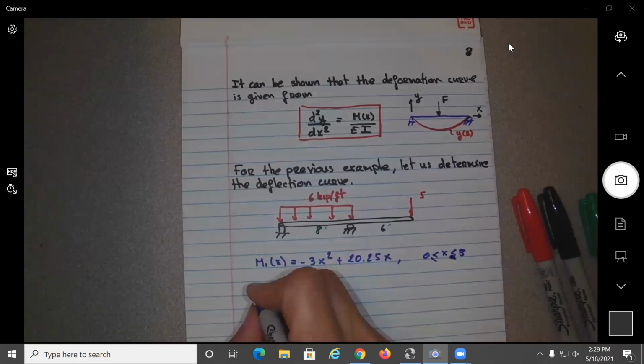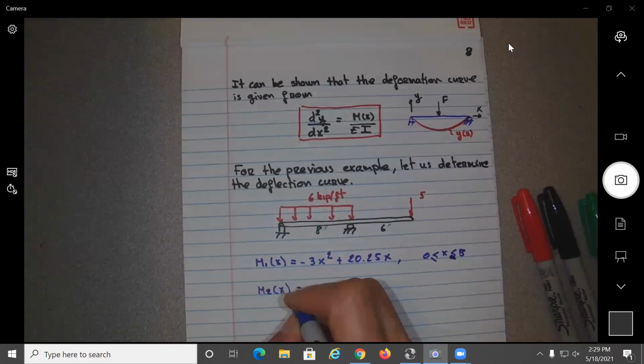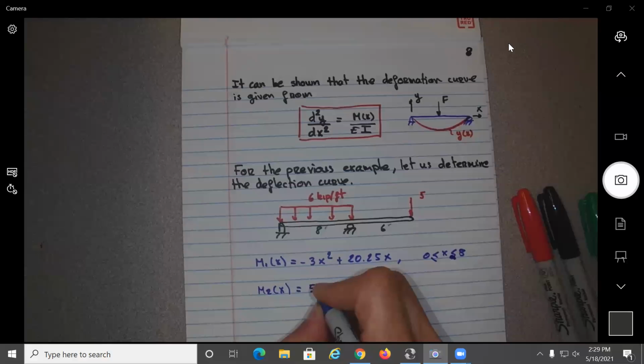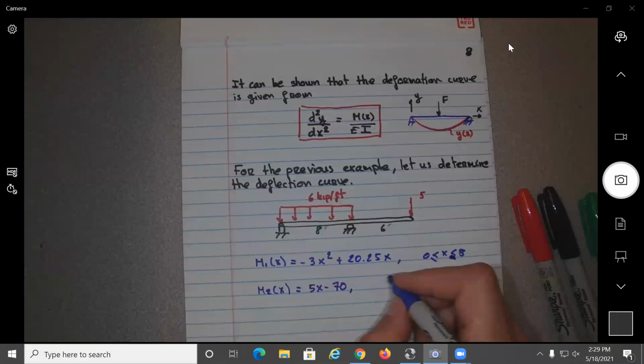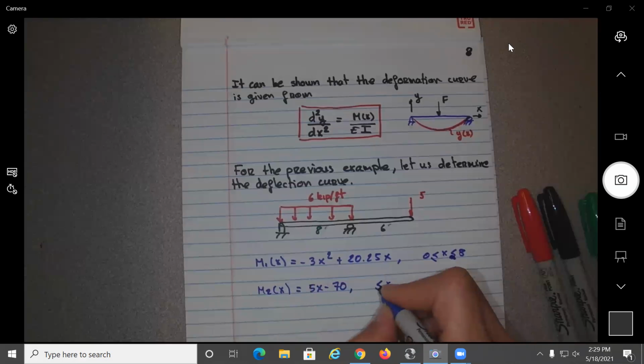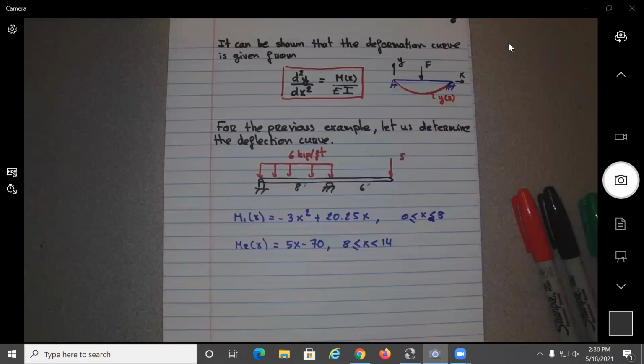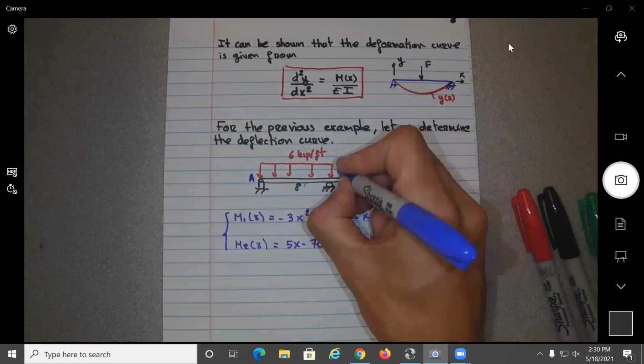And then we had M2 of x equals 5x minus 70, for x between 8 included to 14. And this is A, B, and C.